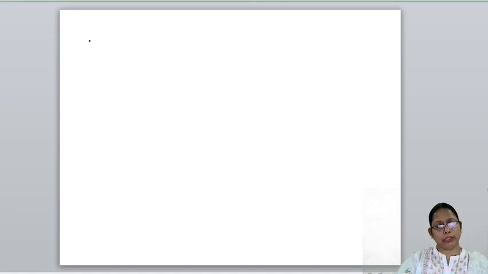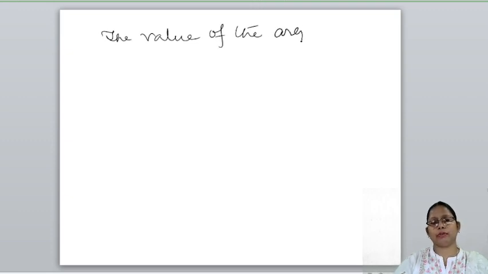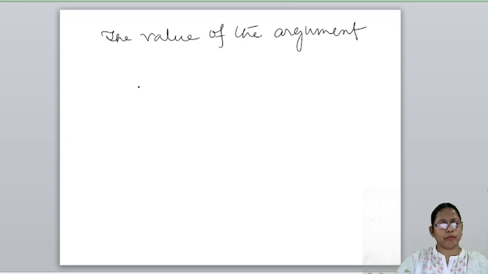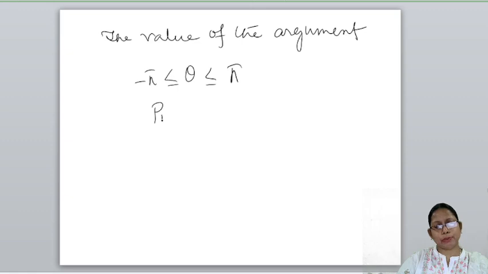The value of the argument in the interval where theta lies between minus pi to pi is known as the principal value.